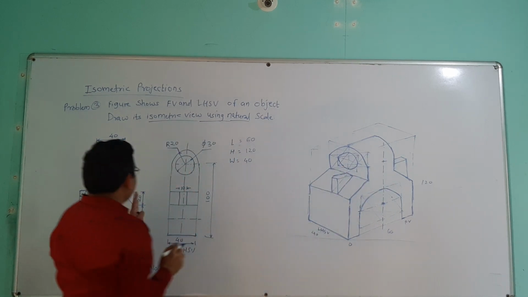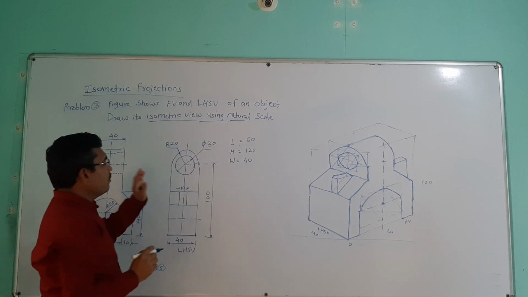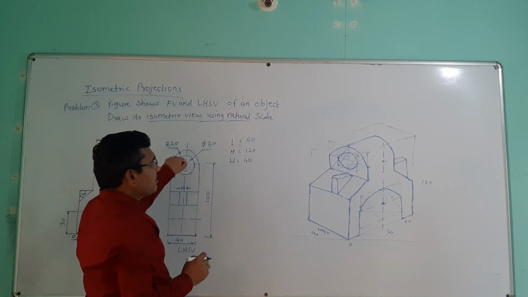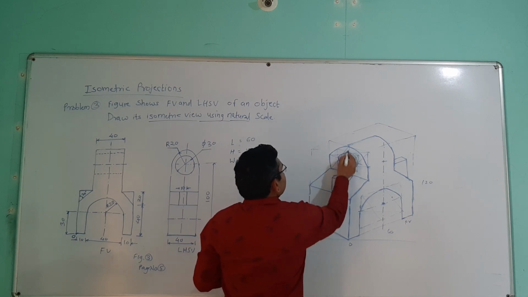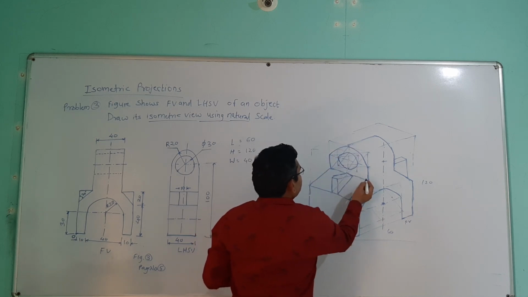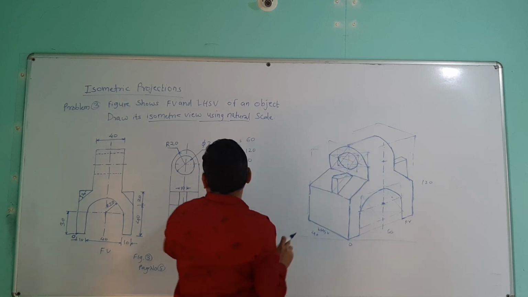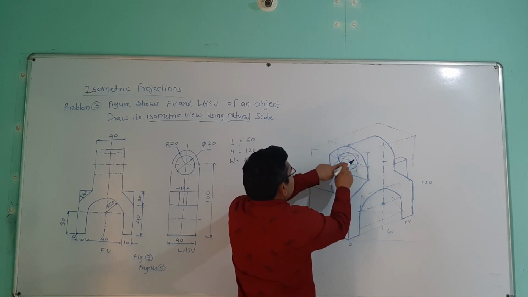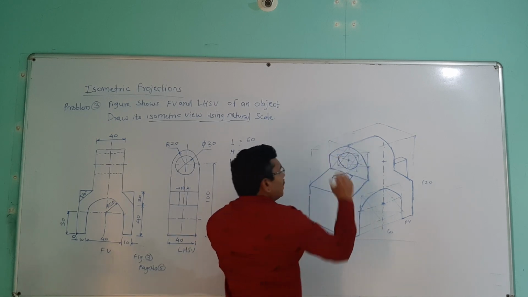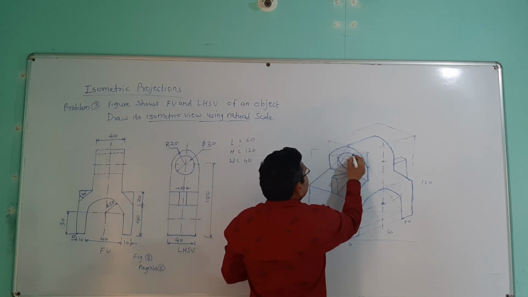But now consider this projection, the side view projection. You have to draw a circle as well as a half circle. For that, you mark a center line because this is shifted. On this, you have to draw a rhombus of 40 by 40, and inside that you mark a midpoint and again draw a 30 by 30 rhombus.